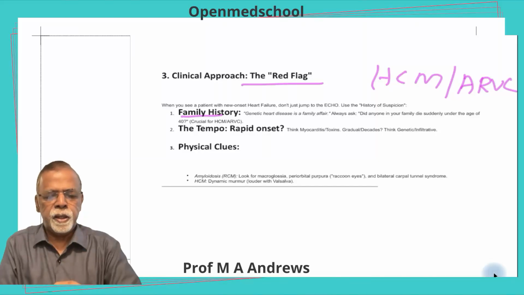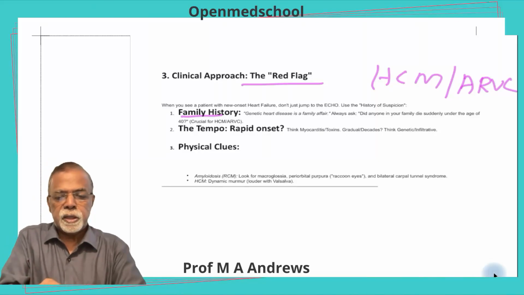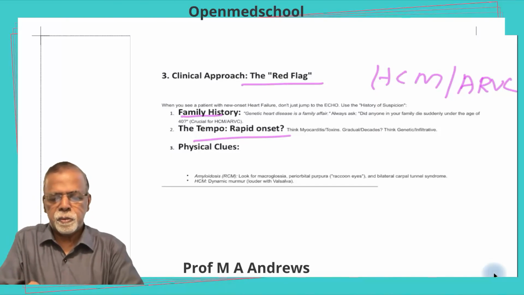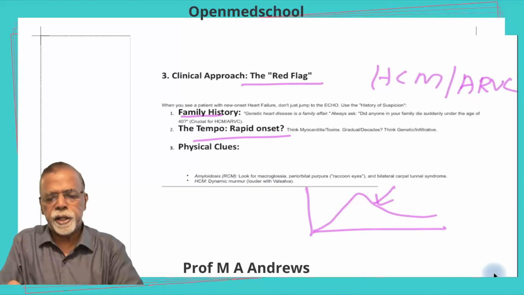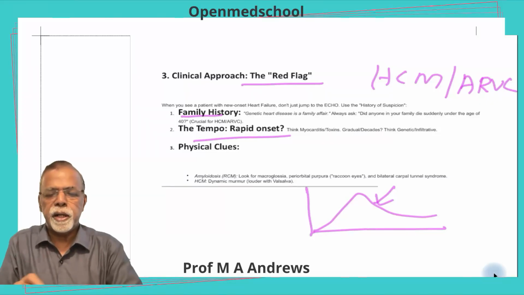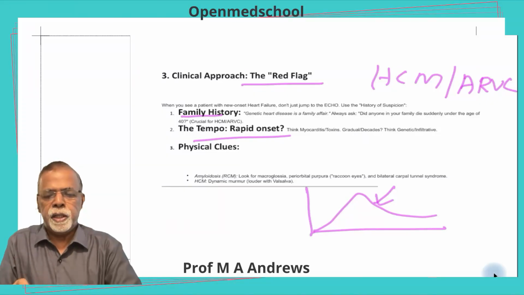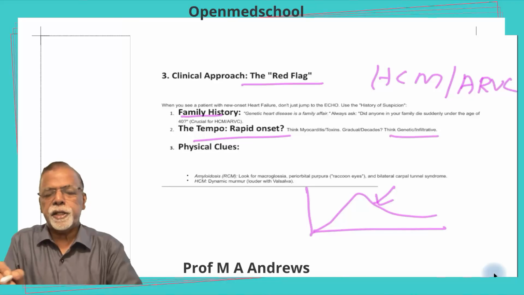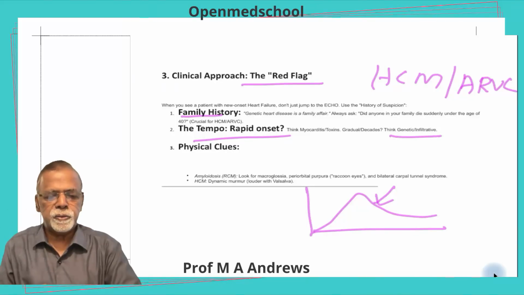Next, the tempo: if the course of the disease is very rapid, think about causes like toxins, myocarditis, or viral myocarditis. If it is slow, it is likely to be genetic or infiltrative causes.